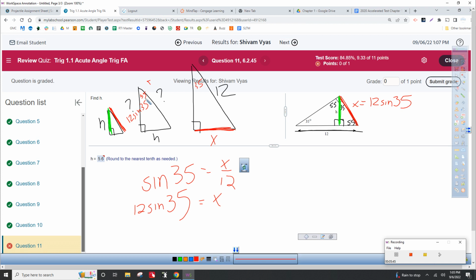That's adjacent over opposite. So that's tangent, right? Do you know about SOHCAHTOA? So tangent of 35 is H over 12 sine 35. So H is going to be tangent of 35 times 12 sine of 35. Got it?